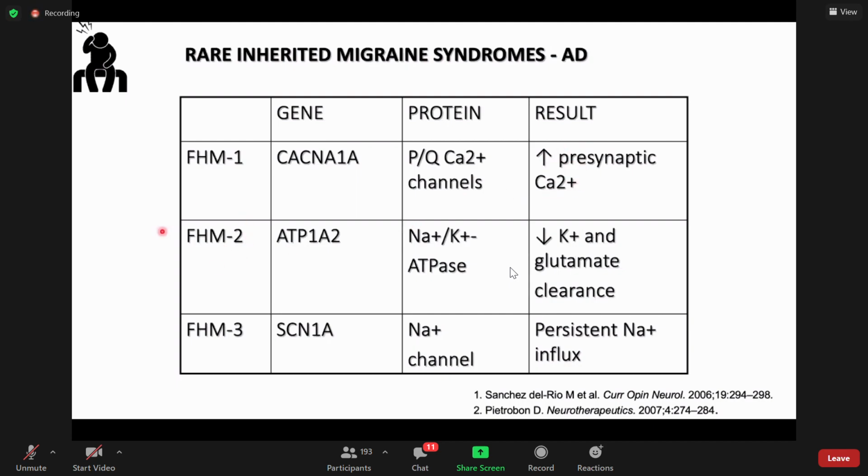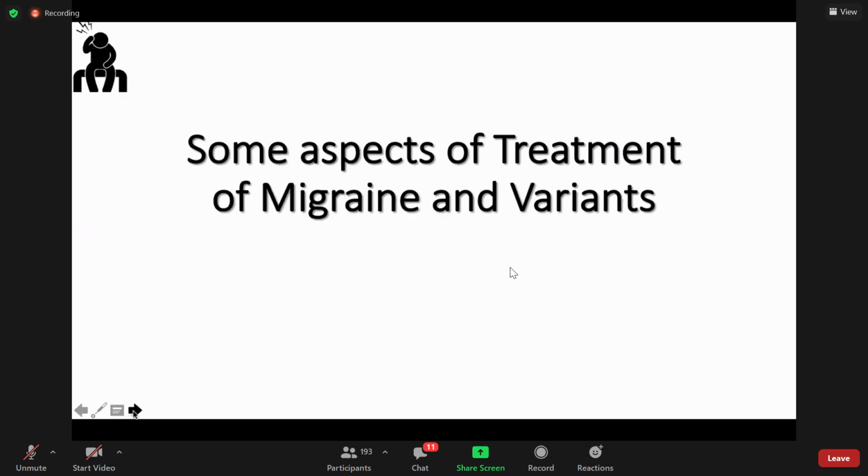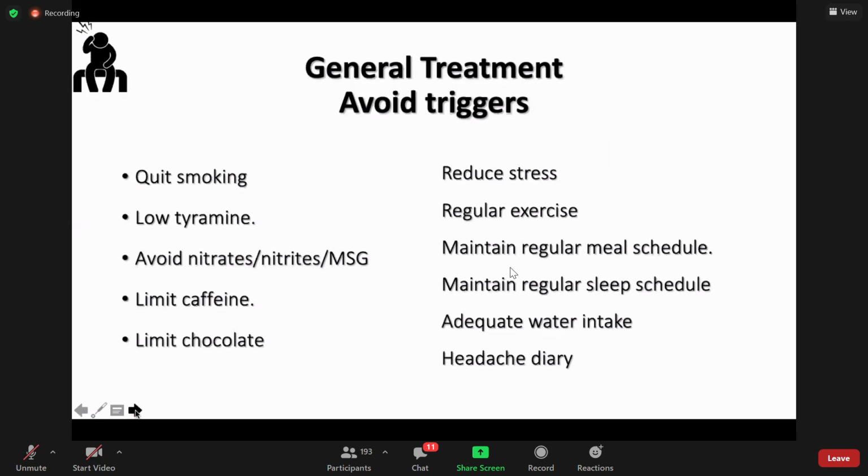Familial hemiplegic migraine 2 relates to a different gene, ATP1A2, and familial hemiplegic migraine 3 relates to the sodium channel 1A, and it causes persistent influx of sodium.